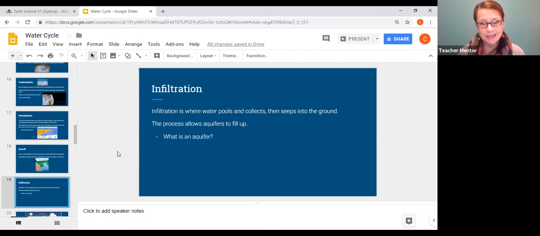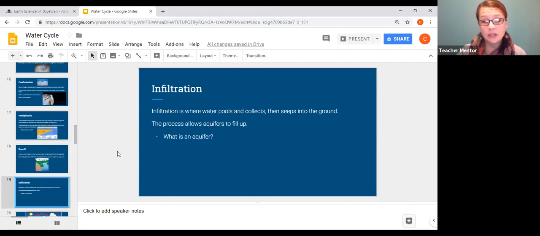Well, what exactly is an aquifer? It's kind of a different term that we don't always use. What is an aquifer? Any ideas? Right.